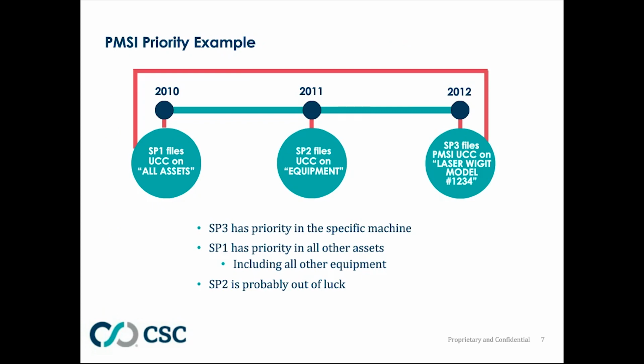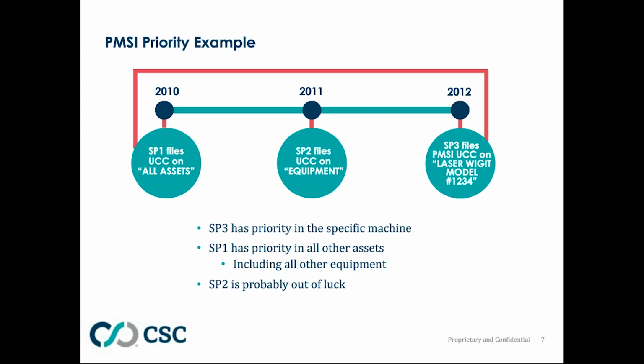Here we have a very good illustration of a PMSI. It is all about priority. In this illustration, we're shown 3 different years and 3 different secured parties. In 2010, secured party 1 files a UCC on all assets. Then a year later, secured party 2 files a UCC on equipment, so we're getting a little more specific here.